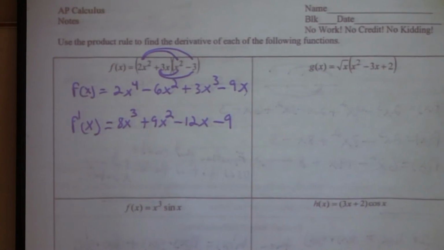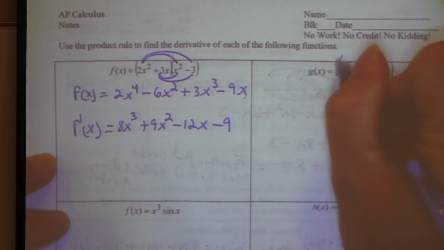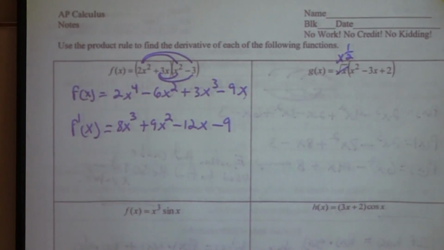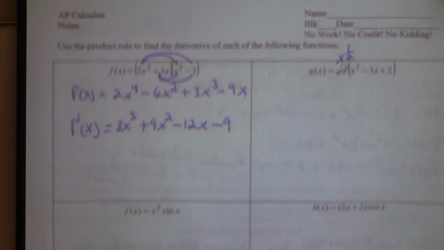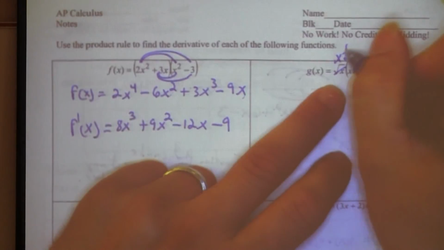How about the next one? What would you want to do there? You want to just expand it? Okay. So this guy right here becomes what? X to the half, right? Okay, so what do I do when I multiply with the exponents if they have the same base? You add them, right?